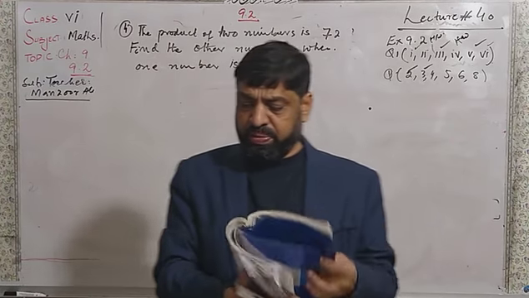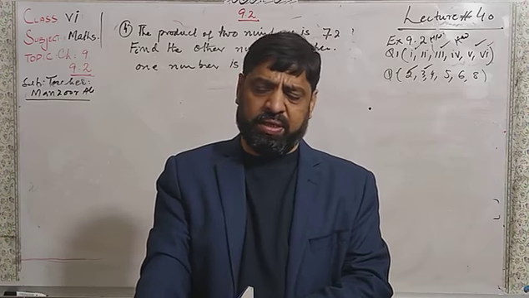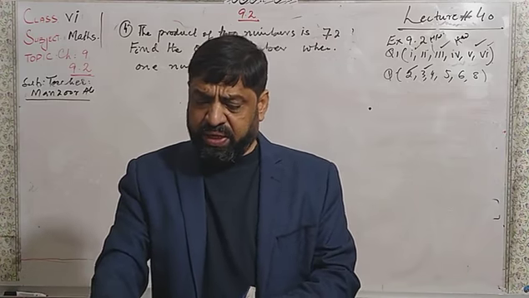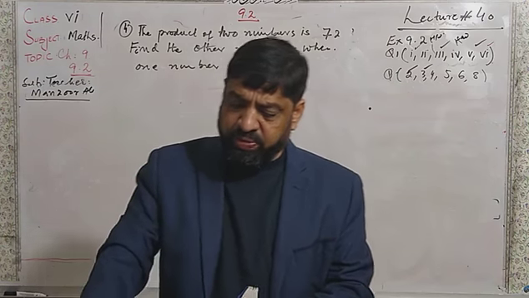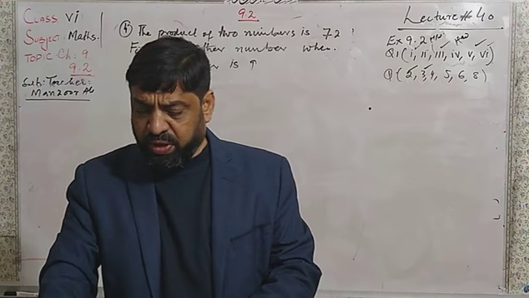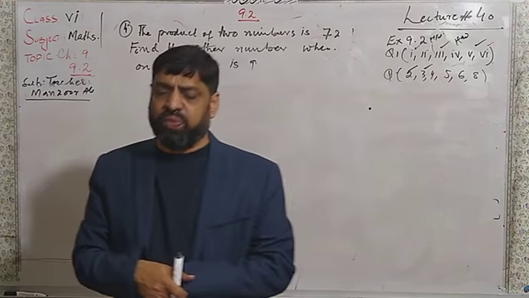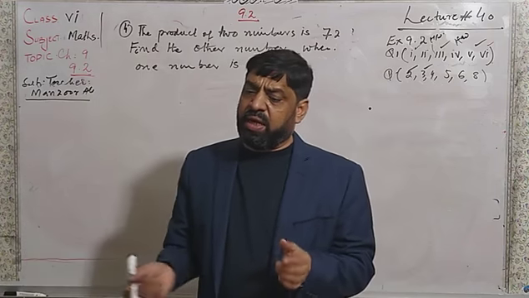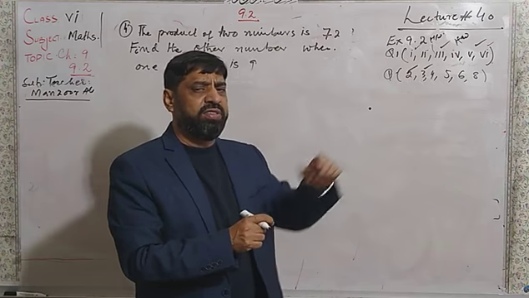Dear students, in question number 4, first of all read the statement very carefully. What do we have in the statement? One number is 9. According to the condition, the product of x and 9 is equal to 72.